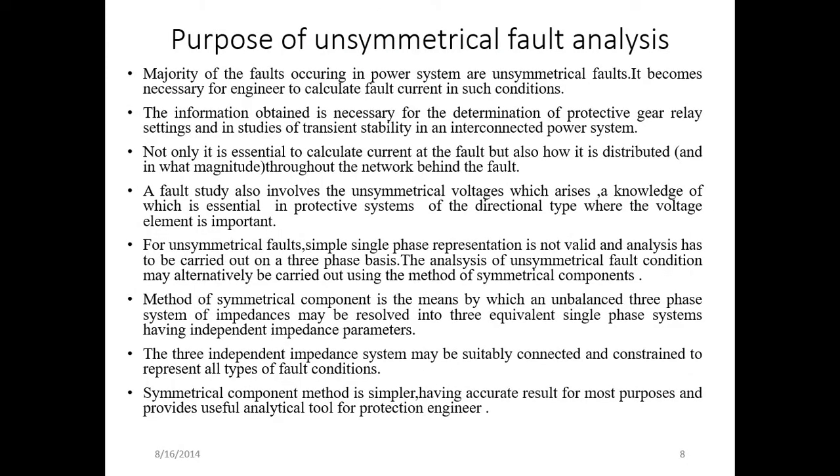Then we had discussed the purpose of the unsymmetrical fault analysis. The information obtained from the unsymmetrical fault analysis is necessary for the determination of relay settings and in studies of transient stability in an interconnected power system.